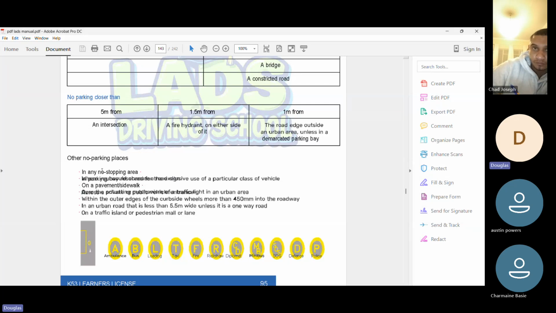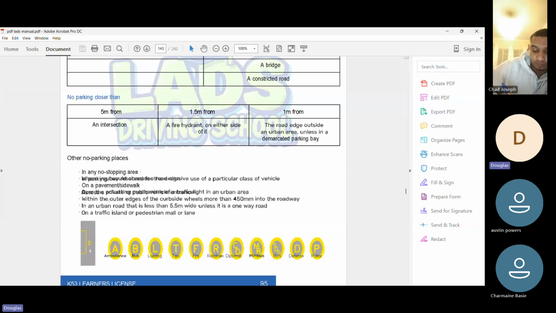Okay, it continues to say you're not allowed to park on a pavement or a sidewalk. This one I repeated a couple of times. You're not allowed to park within the outer edge of the curbside of the road. Meaning when you're parked next to the curb, the edge of the road, your wheels should be 450 millimeters away from the road.